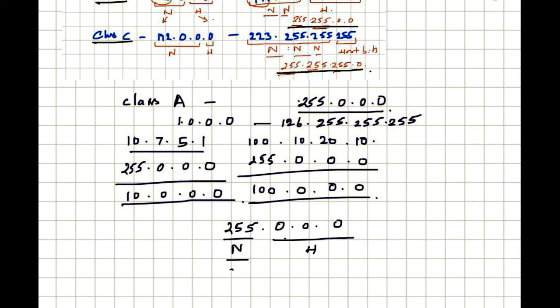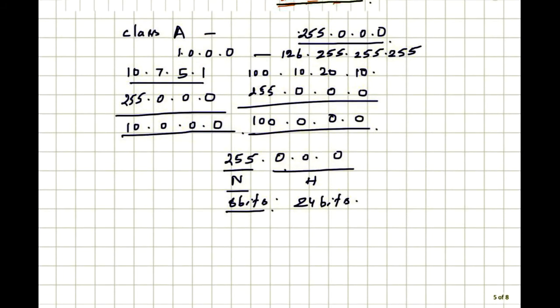The network part has 8 bits, which is the default length, and the host part has 24 bits. So the number of networks is 2 power 0, which is one default network, since we have not done anything, and the number of hosts is 2 power 24 minus 2.